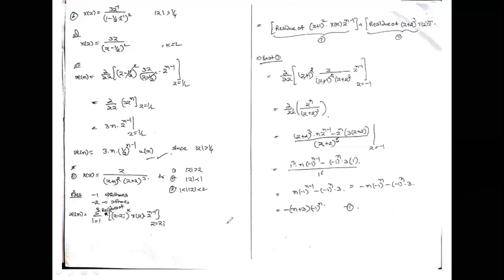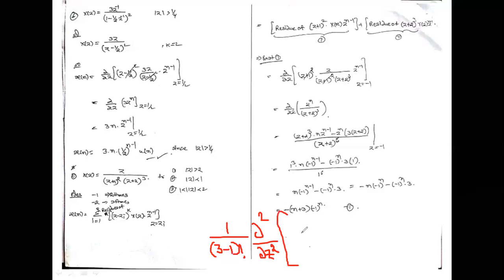3 times means 1 by k minus 1, nothing but 1 by 3 minus 1 whole factorial, and d to the k minus 1, that is 3 minus 1, which is d square by dz square, because it is also 3 minus 1.